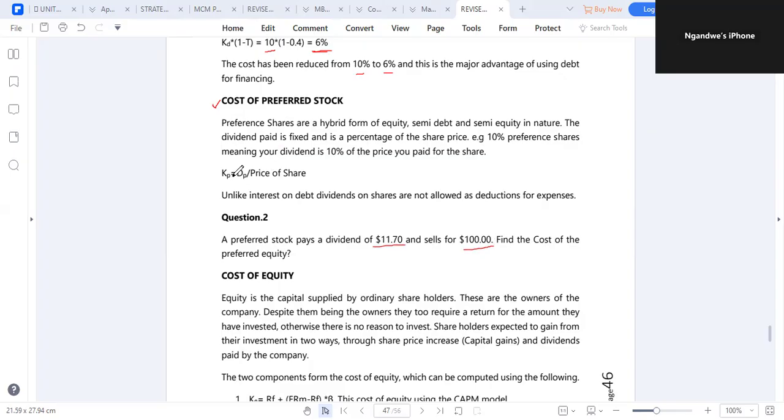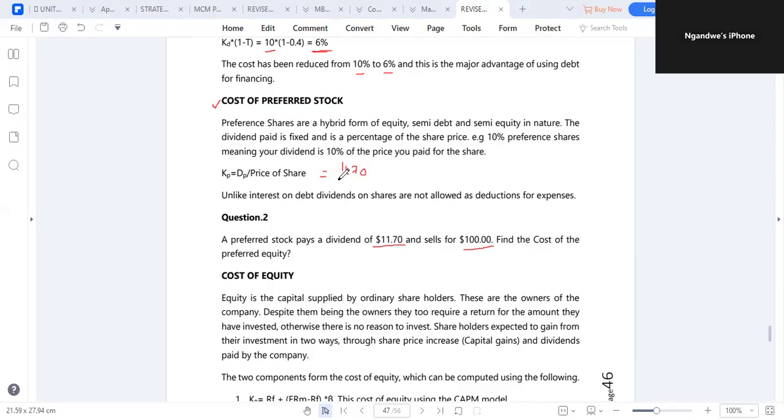So if this is our dividend paid, we're going to divide the 11.70 over the price of 100. So we're going to get 11.7%. So it is simply here, the dividend paid is 11.7, then divide by the price.